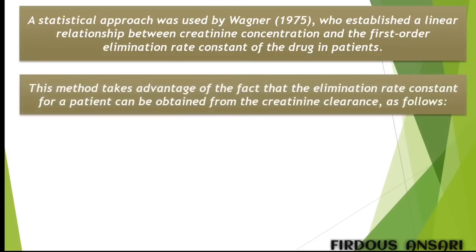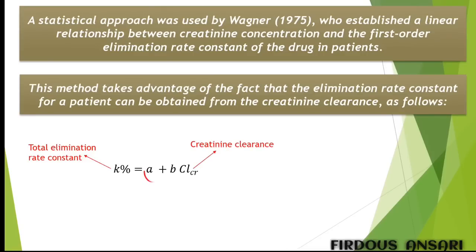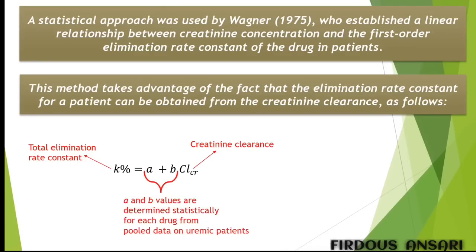This method takes advantage of the fact that the elimination rate constant for a patient can be obtained from the creatinine clearance as follows: K equals A plus B multiplied by the creatinine clearance, where K, as you know, is the total elimination rate constant. The A and B values are determined statistically for each drug from pooled data on uremic patients. So this is about the Wagner method.